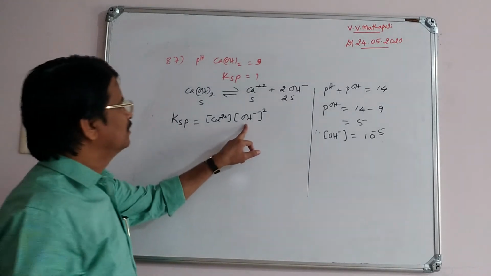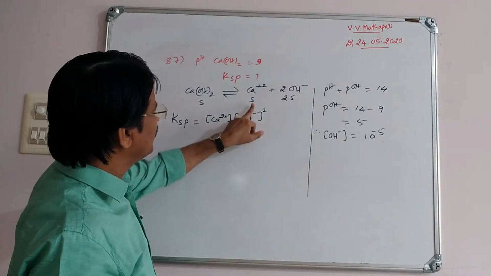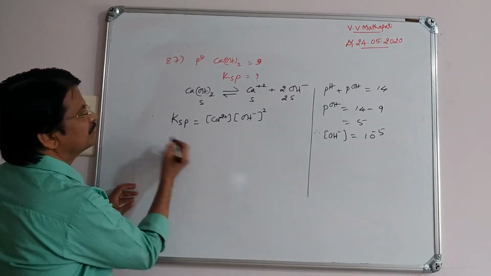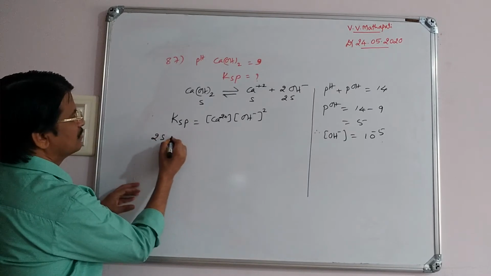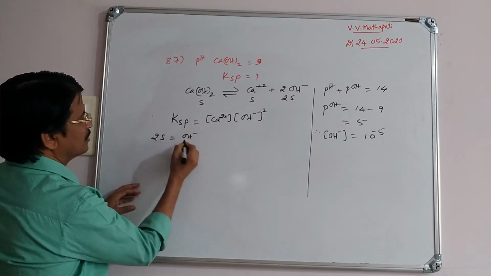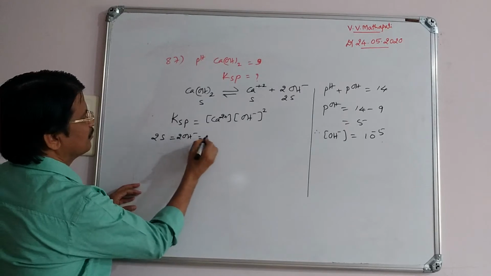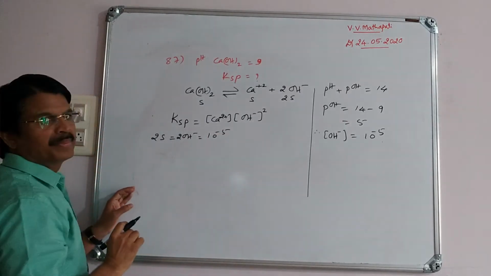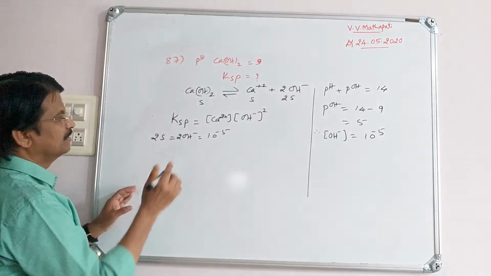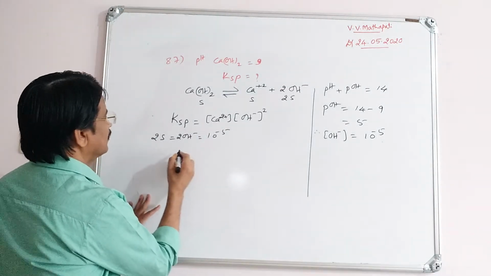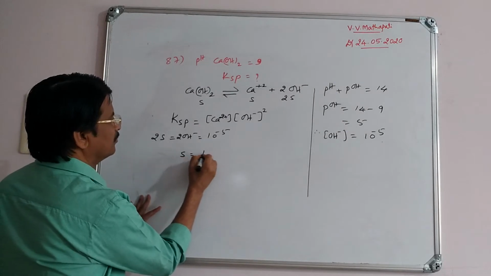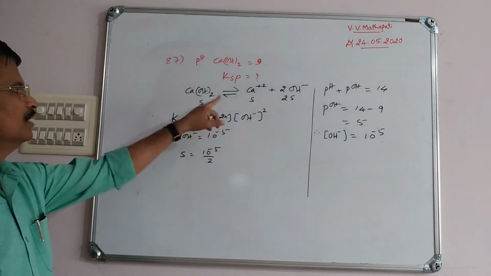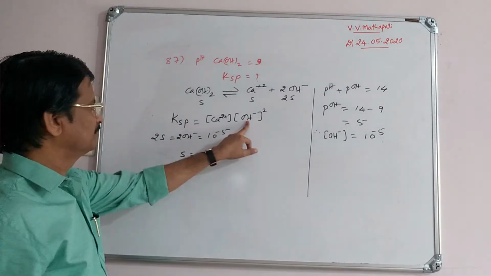Find S and 2S both. For 2S, the OH ion concentration is given as 10 raised to minus 5, then S equals 10 raised to minus 5 by 2.